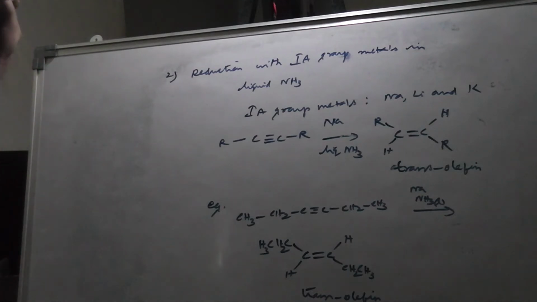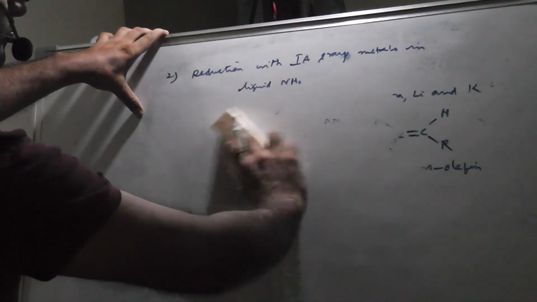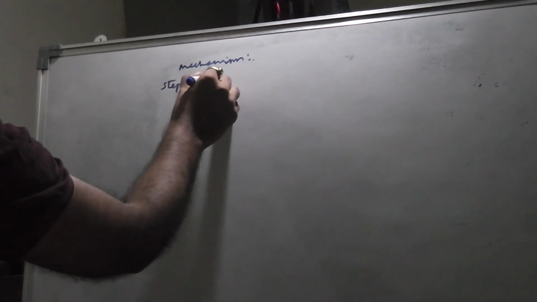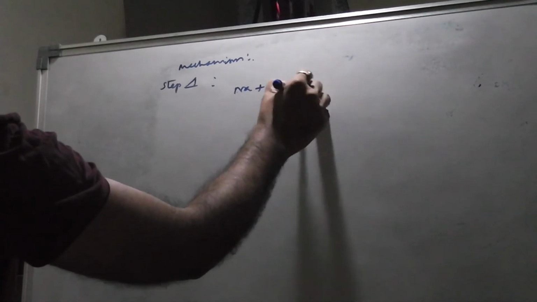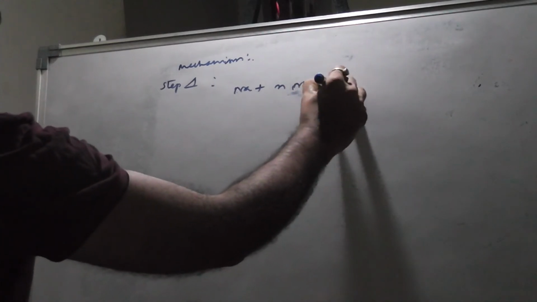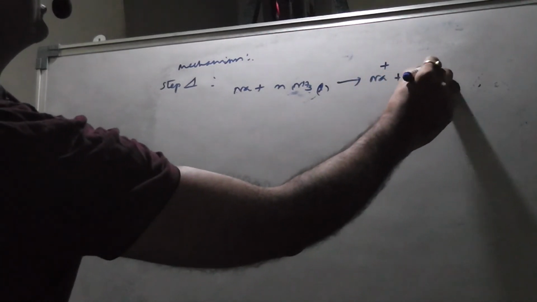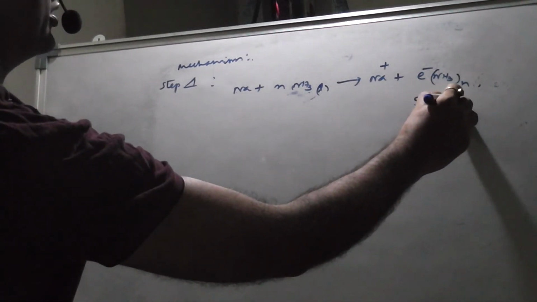Now the mechanism of the reduction. Step 1: similar to Birch reduction, the metal in NH3(L) leads to electron transfer, and we have a solvated electron.